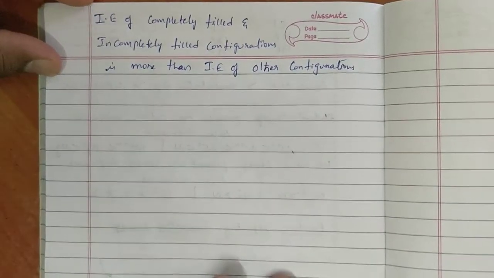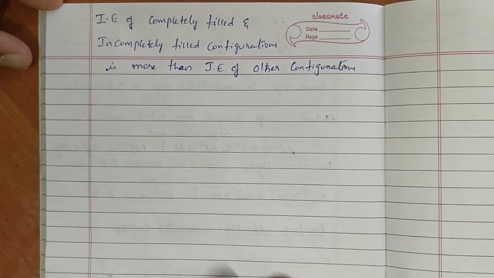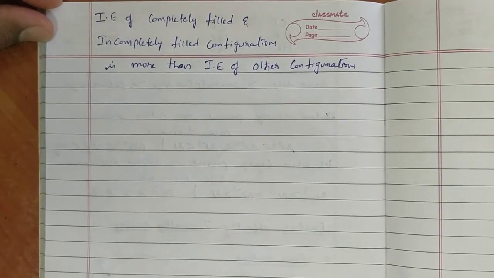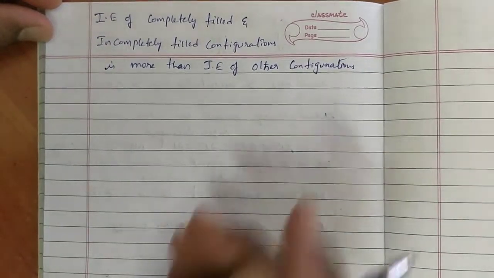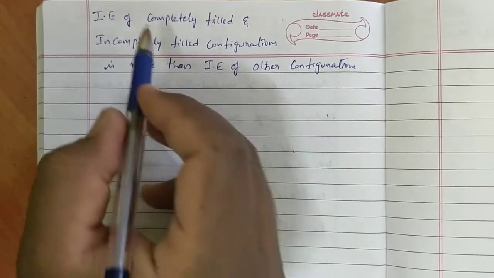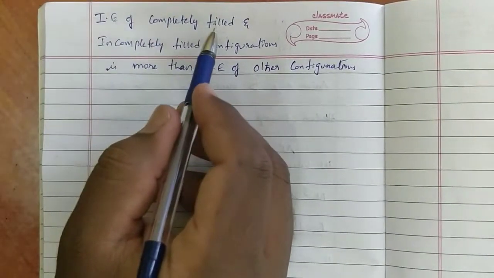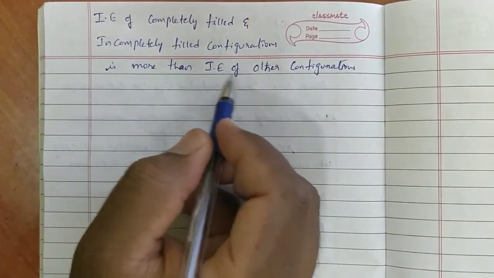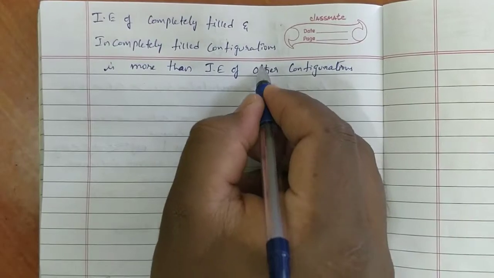Meaning, a high amount of energy is required to remove the electron from stable configurations when compared to other configurations. A high amount of energy means ionization energy is high.